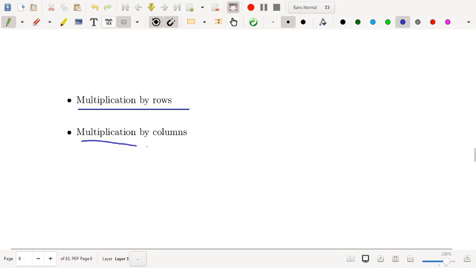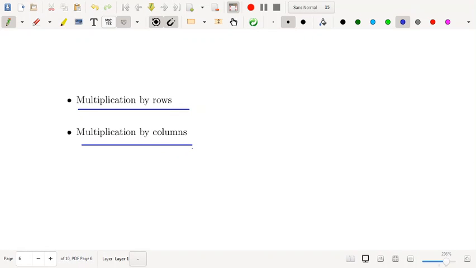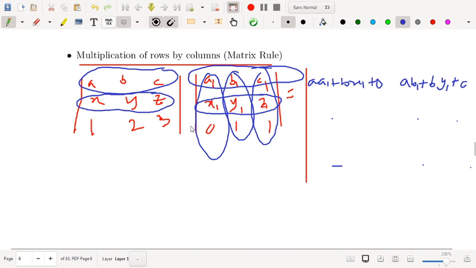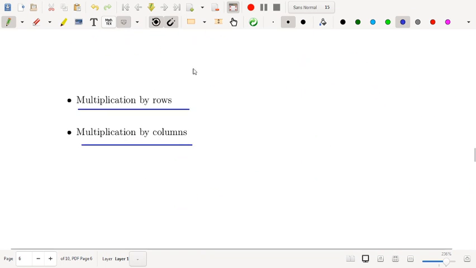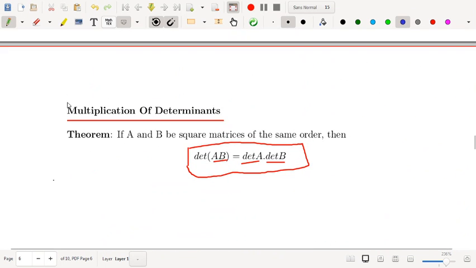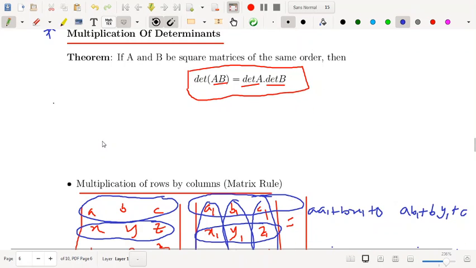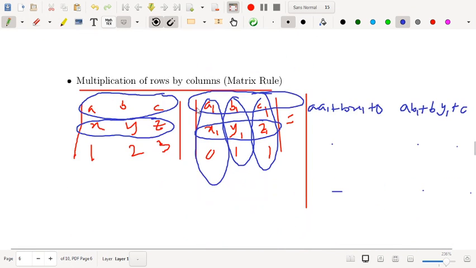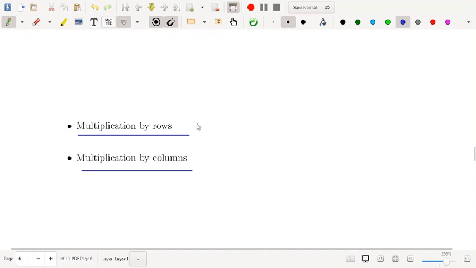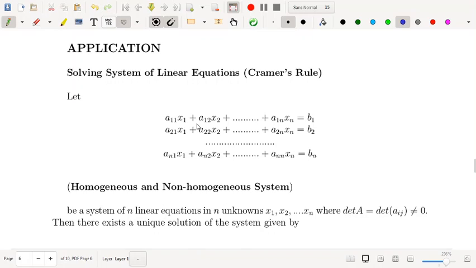Next, multiplication by columns, that is column by column, column of the first determinant with column of the second determinant, and so on. So there are three ways you can do the multiplication of determinants. This is a very important topic for standard problems on determinants, and you can apply these techniques to them.